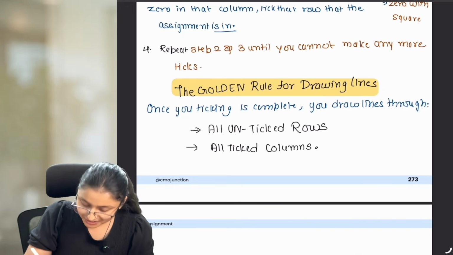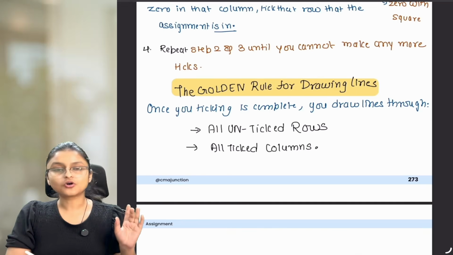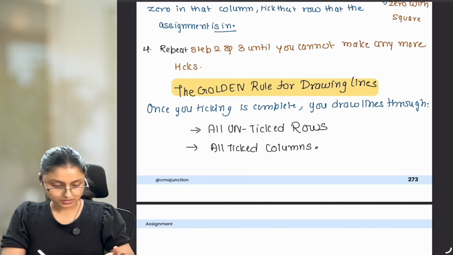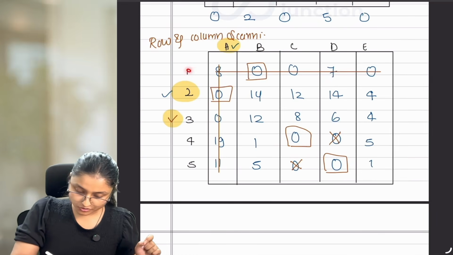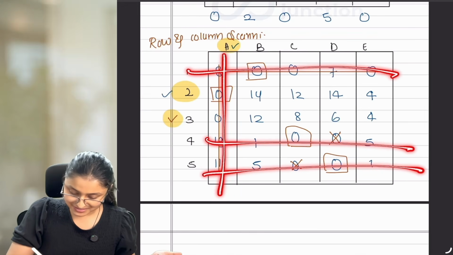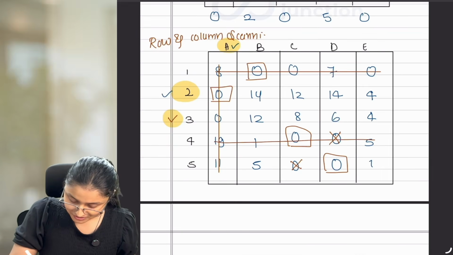Okay? After ticking all the rows and columns, you have to draw lines from all unticked rows and all ticked columns. So let's see that. So unticked rows are this, this and this, and ticked column is this. So we got to know that the line which is drawn here is this and this.